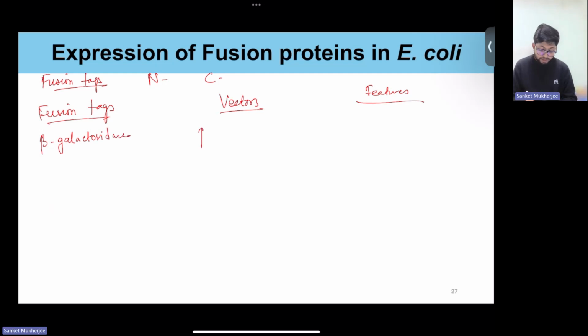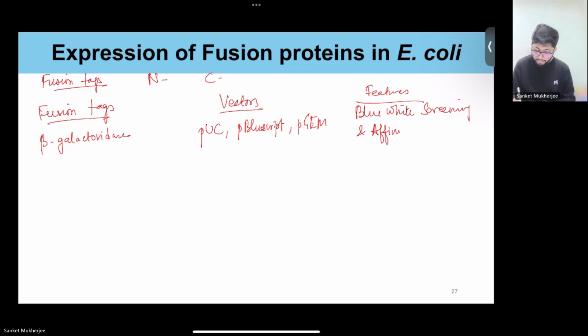The vectors present here are the pUC, pBluescript, and pGEM series. They can be used for blue-white screening and affinity purification. We'll talk about purification next week.